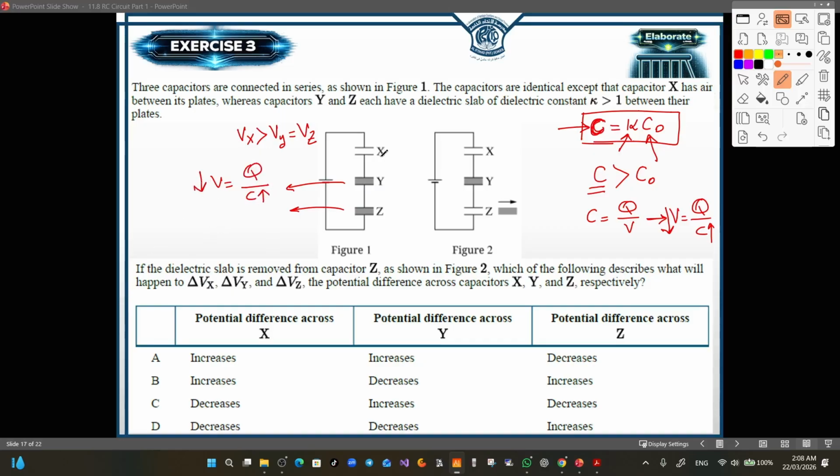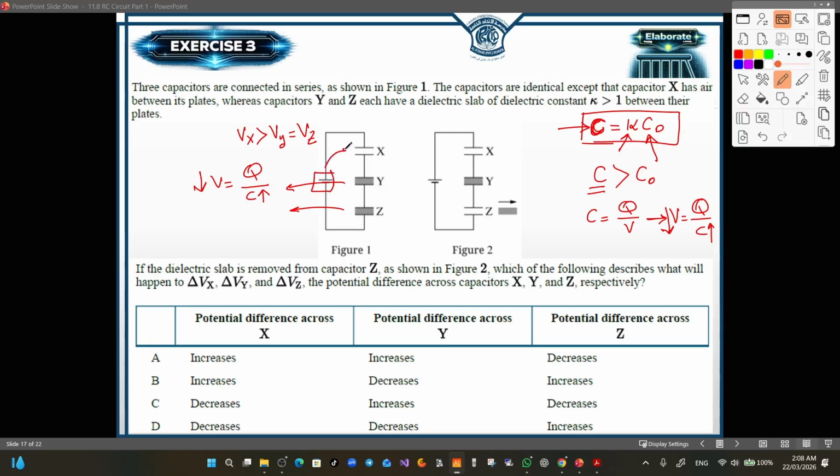However, for X, we have a capacitor filled with air, so the capacitance will be less with respect to the other capacitors, which makes the potential difference across X higher than across the other capacitors. Now, the constant in these two trials is the potential difference.